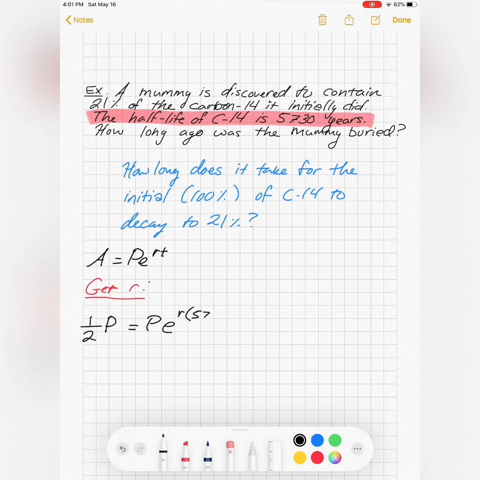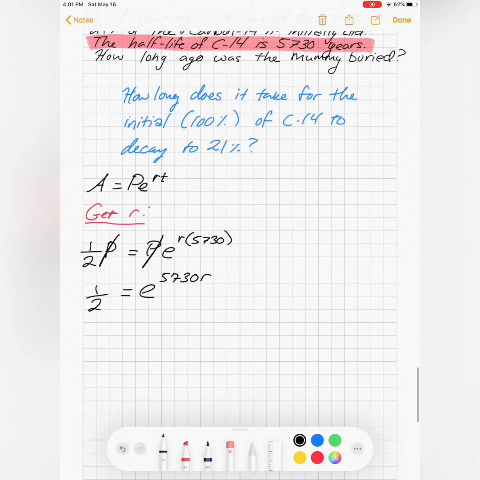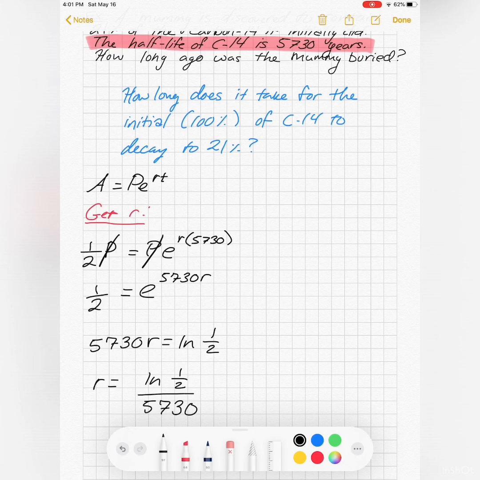And the time is 5730 years. Cancel the P's. Change to log form. And divide.